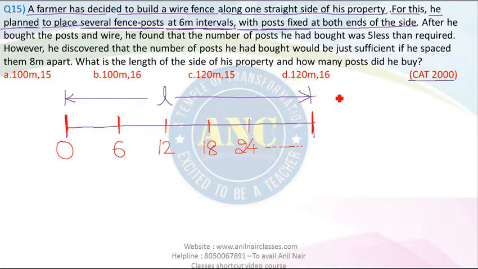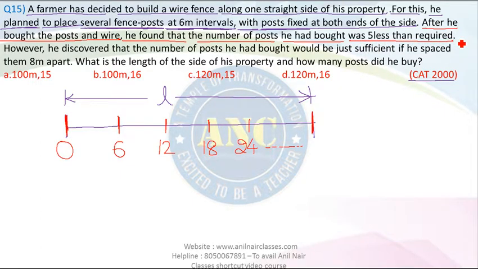But read the next statement. After he bought the posts and wire, he found that the number of posts he had was 5 less than required.